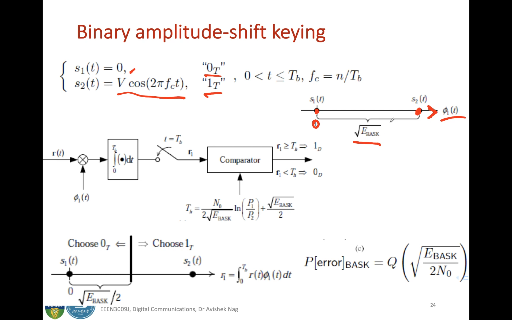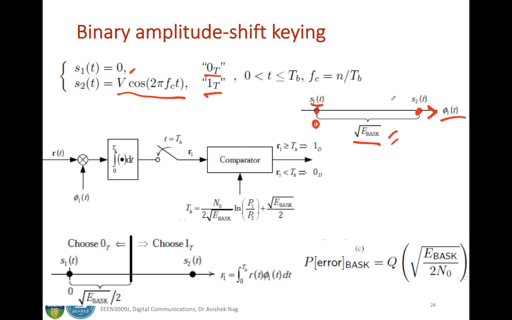Okay, and the square of that distance gives you the energy of that signal. So this signal S2(t) has an amplitude of this, and S1(t) is 0 anyway, so it stays here, so it doesn't have any amplitude. So in that case, the distance between the two signals is also equal to the amplitude for BASK.